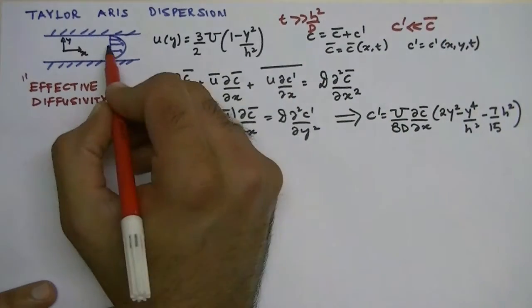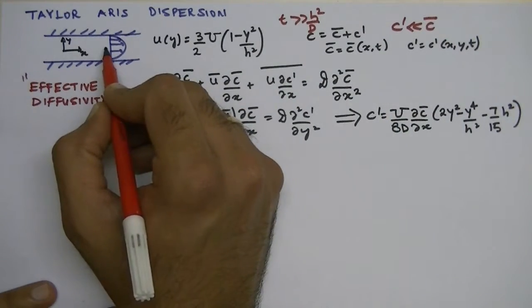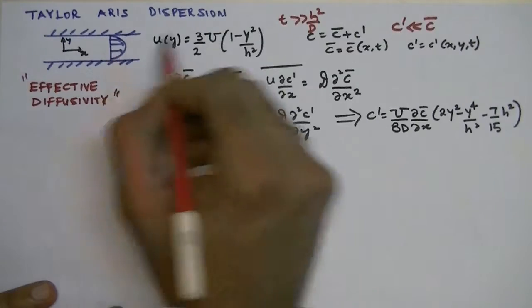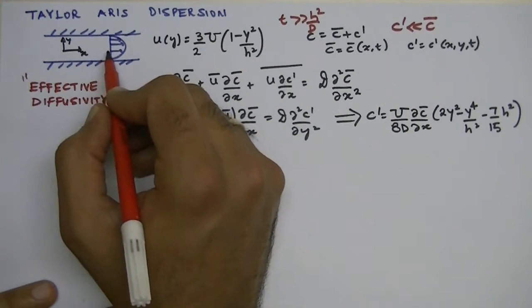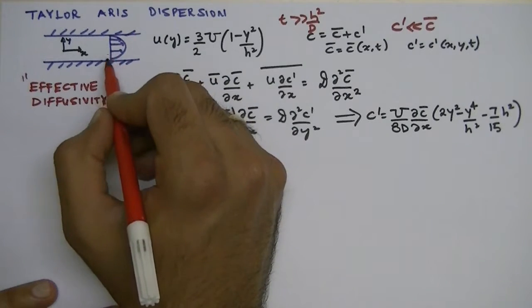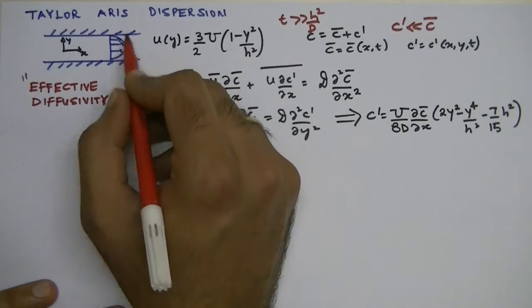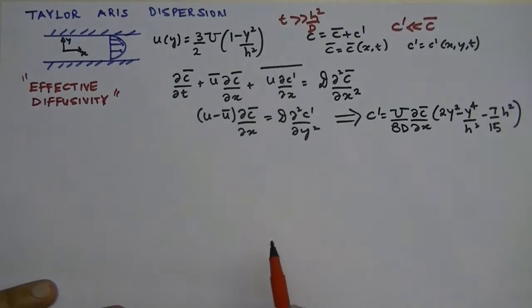That's because we would expect that, because diffusion is really fast in the radial direction, there would be really small gradients in the concentration in the vertical direction.